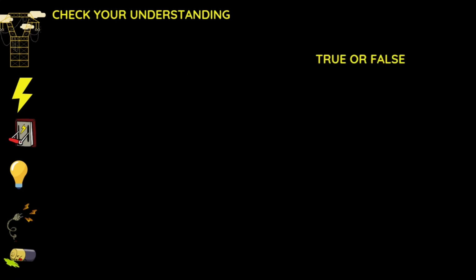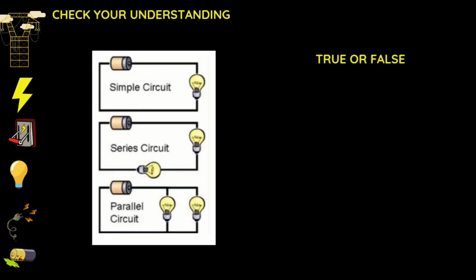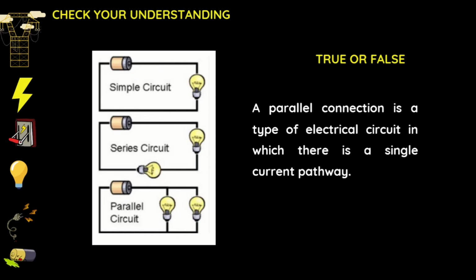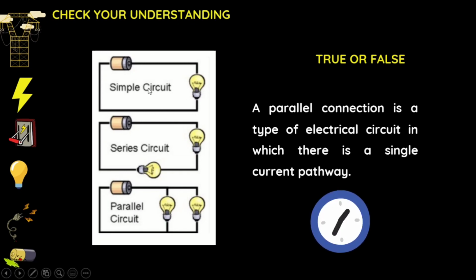Next, true or false? You have here a simple circuit, a series circuit, and a parallel circuit. A parallel connection is a type of electric circuit in which there is a single current pathway. So this picture will give you a hint if the statement is true or false.